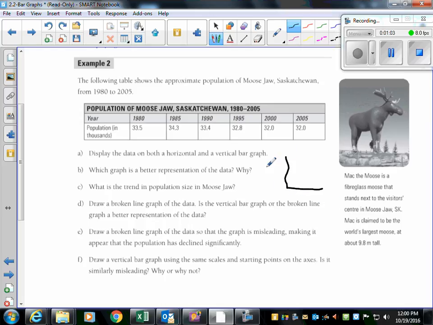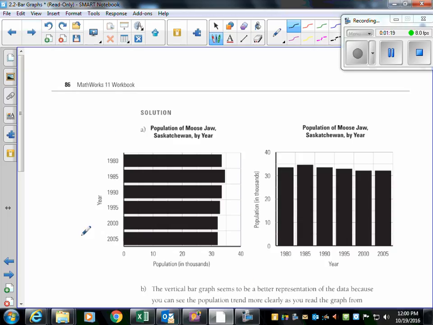But if we're going to do a horizontal bar graph, we're going to put the years up the y-axis as well as the populations across the x-axis. So let's take a look at how we could do that. Basically, horizontal populations along the side, years up here, vertical populations up here, years across this way.